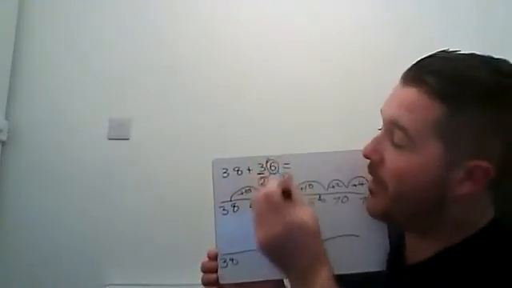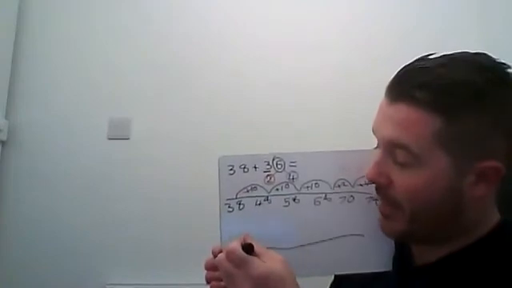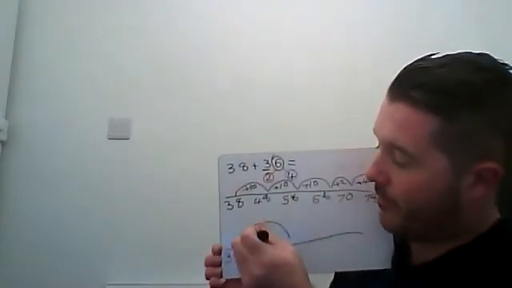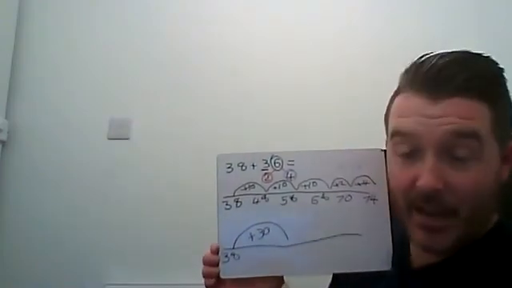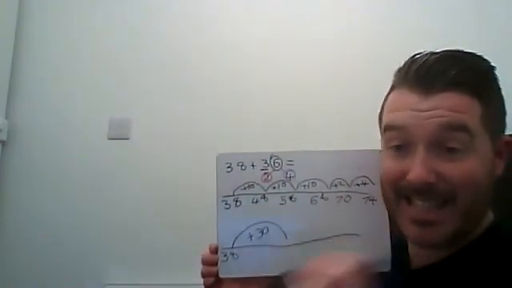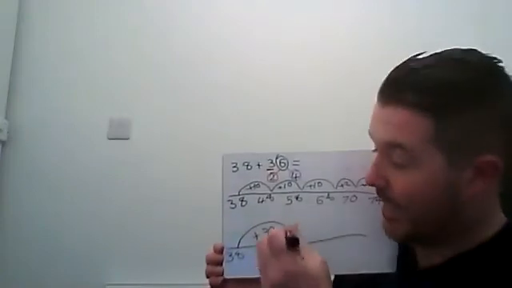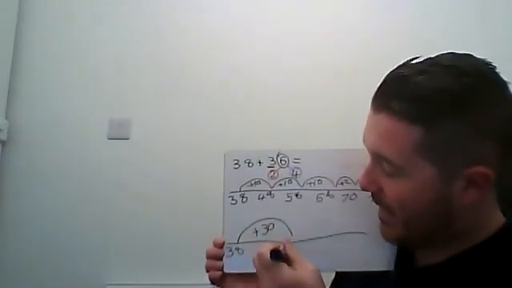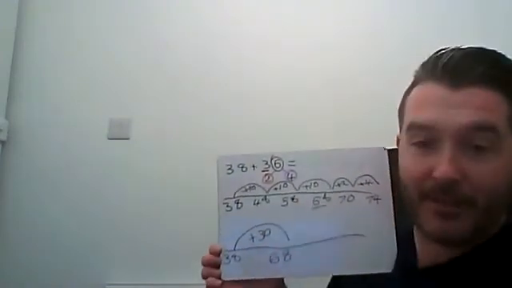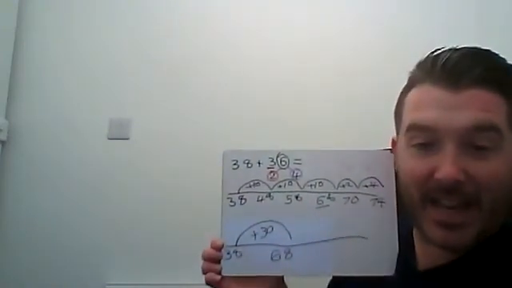This time, rather than just adding 3 tens, I'm going to add the 30 straight away. And I know that 38 add 30 is 60, because 3 add 3 is 6, 30 add 30 is 60. So 38 add 30 has to be 68. Just like we got to here. Okay, just taking less steps to do it.